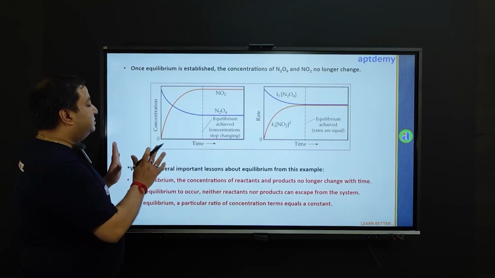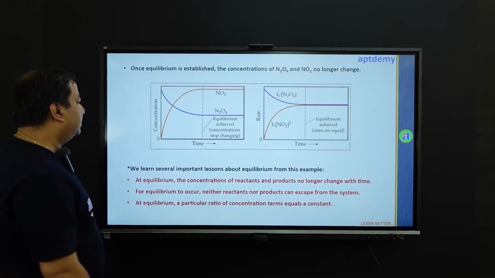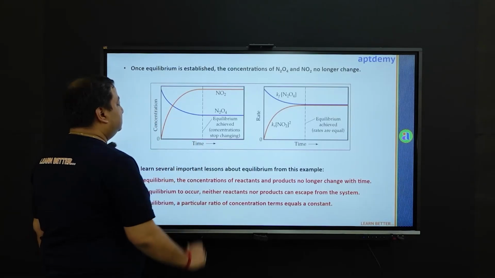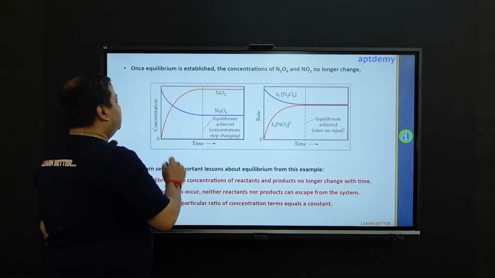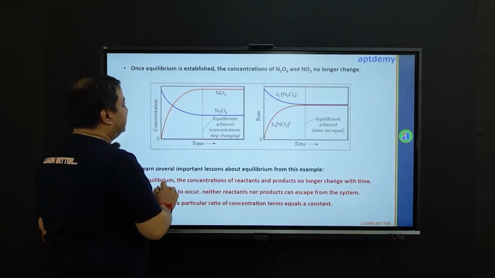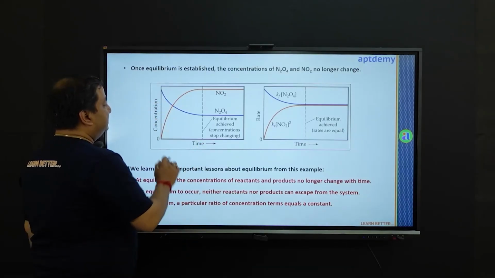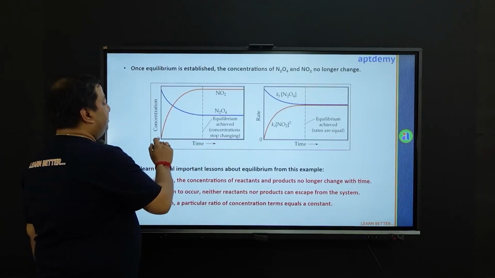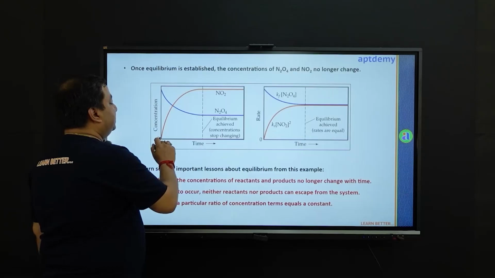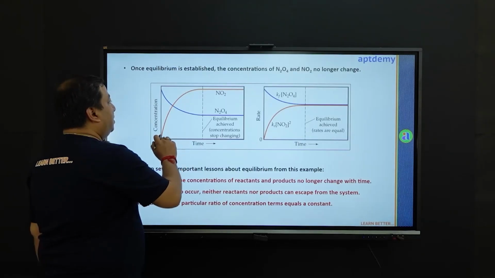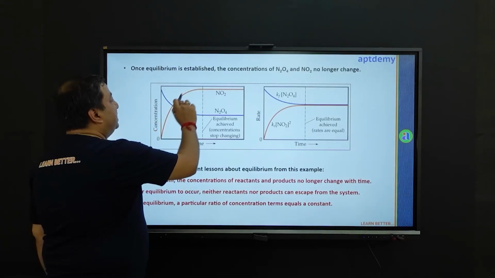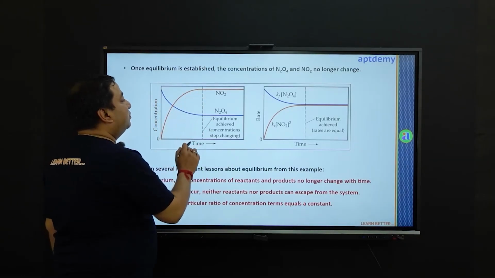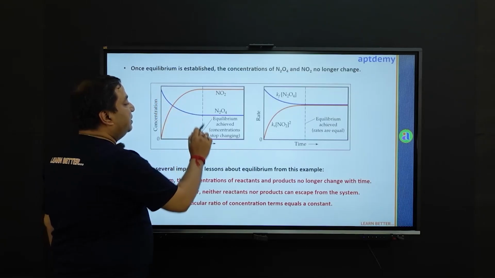Now let us understand in terms of a graph what is happening. Let us consider the concentration and time graph. We have the concentration on the y-axis and time on the x-axis, and as we can see, from the initial point, as time passes the concentration of NO2 sharply increases, and at the same time the concentration of N2O4 falls with time.